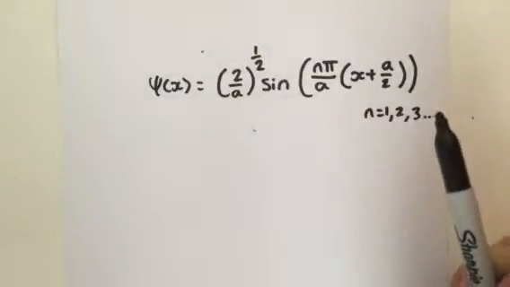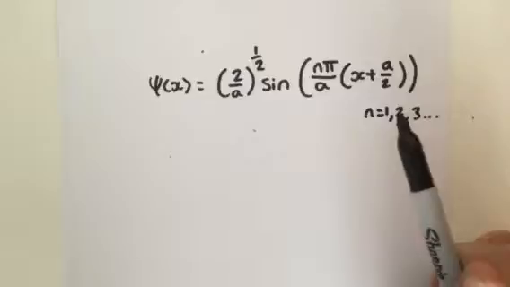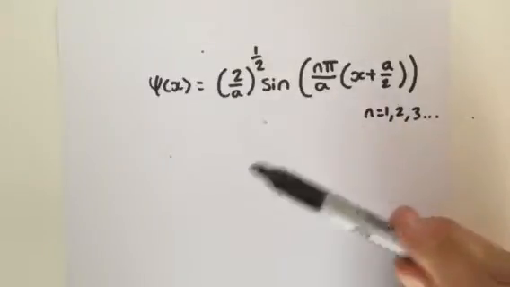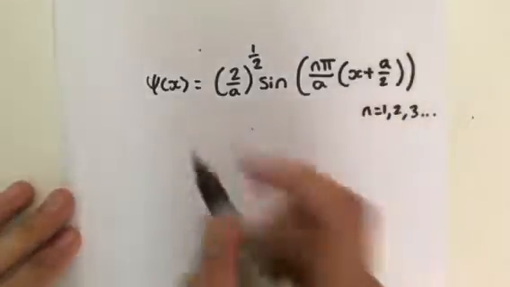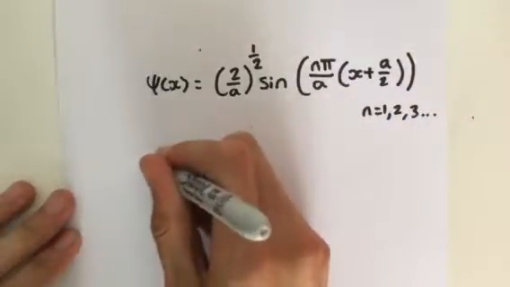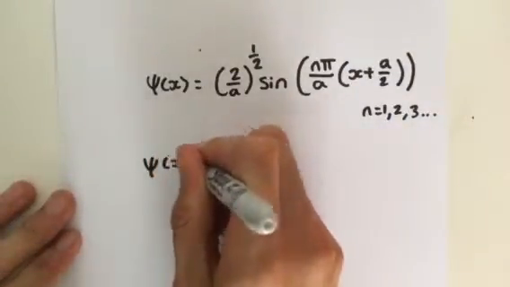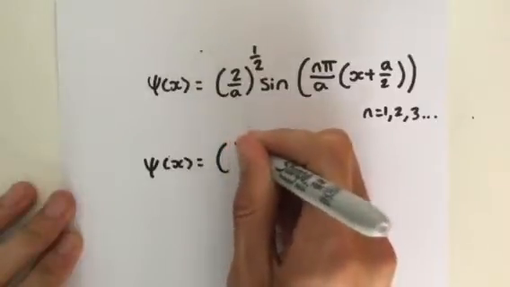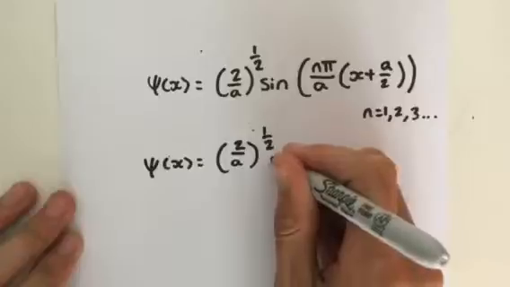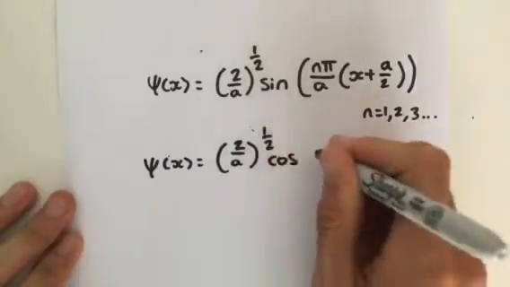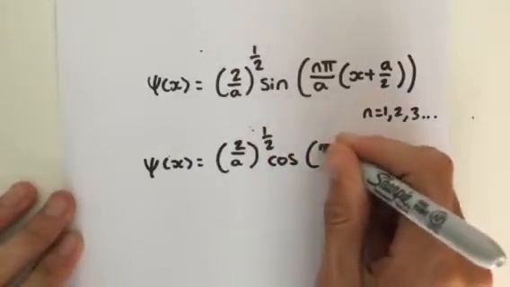Because this is a symmetric infinite square well, doing a little trigonometry gives you the following wave functions. Psi of x is equal to 2 over a to the power half, and then we have cosine of n pi x over a.